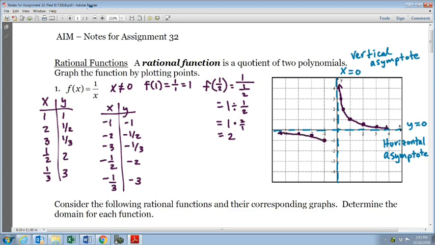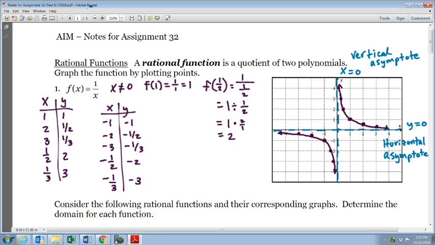So again, we have that horizontal asymptote that we use as a guide as we draw the graph. If we look at -1/2, we're at -2, and at -1/3, we're at -3. The same kind of thing is happening that happened on the other side when our x values were positive. And so this is the graph of the function f of x equals 1 over x.